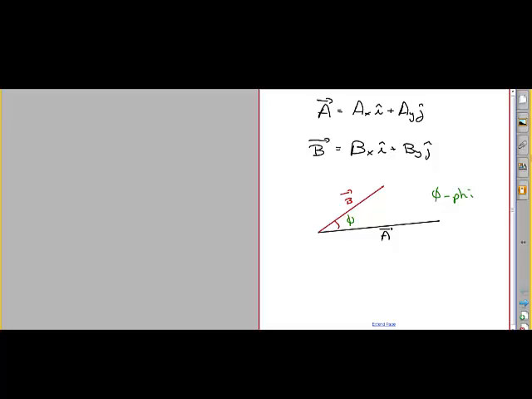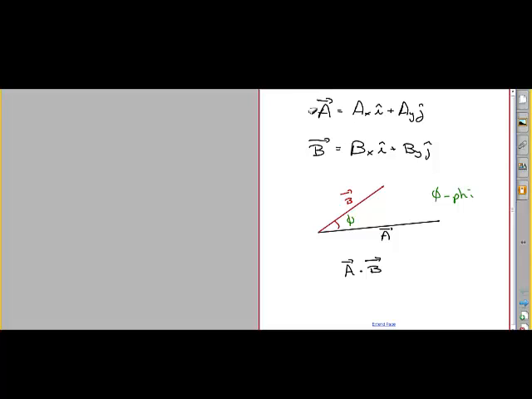So the dot product of the 2 vectors we would show as such. We would say vector A dot vector B. Now, in terms of numbers, if we had 3 times 4, we'd say that's 12. It's just simple. So sometimes we use the dot to represent multiplication. Now, in vectors, it means a specific kind of multiplication.